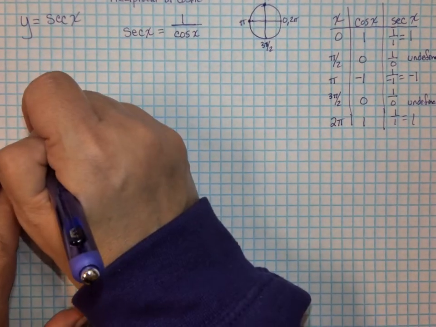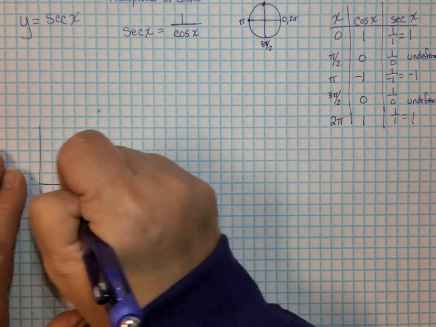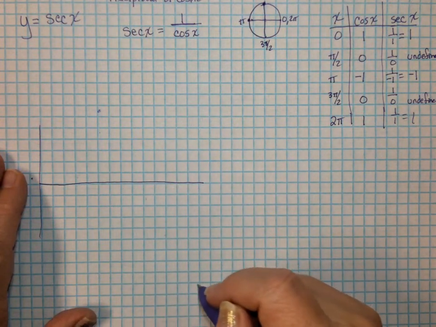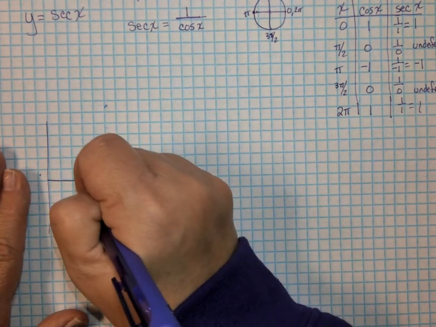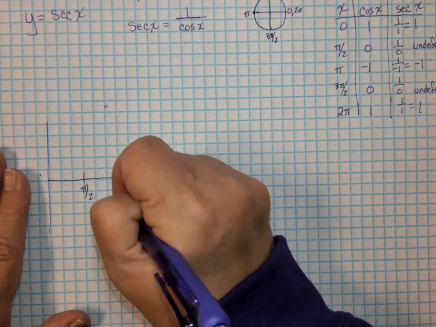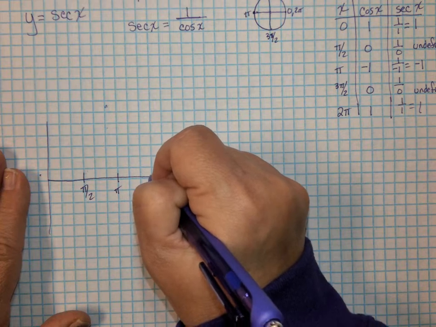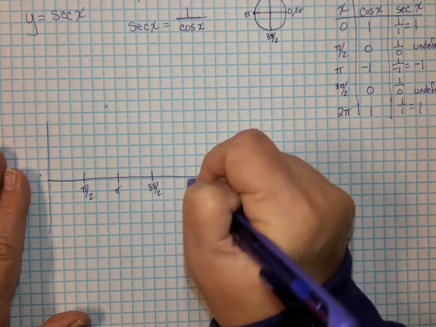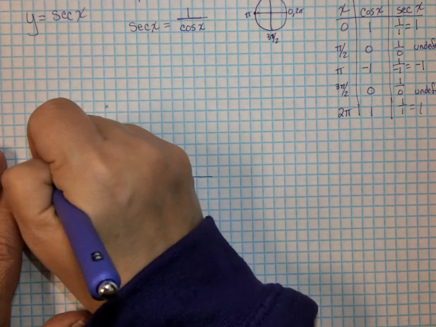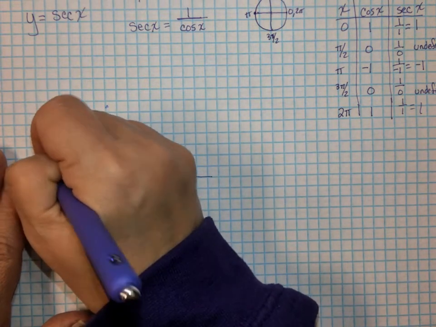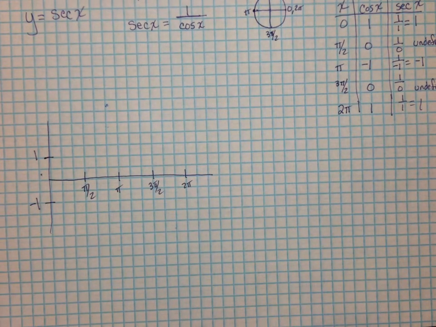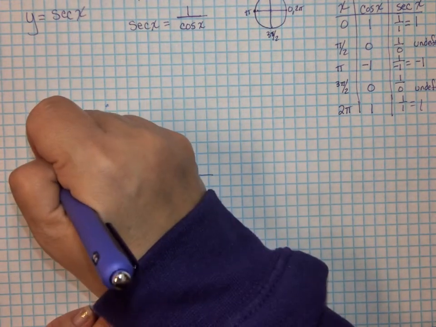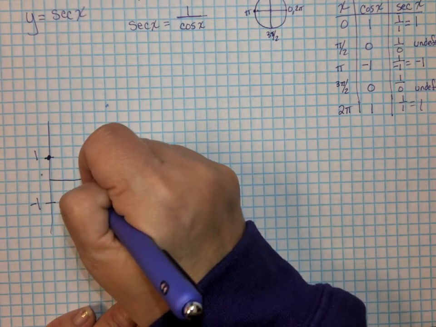Alright, so now let's graph. Like we did before, we're going to graph cosine first. So cosine starts at 0, 1, goes to 0.